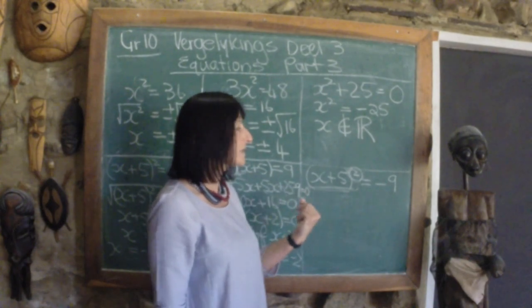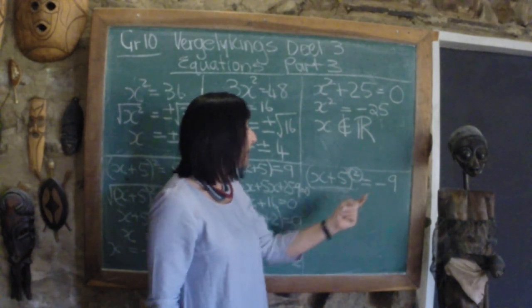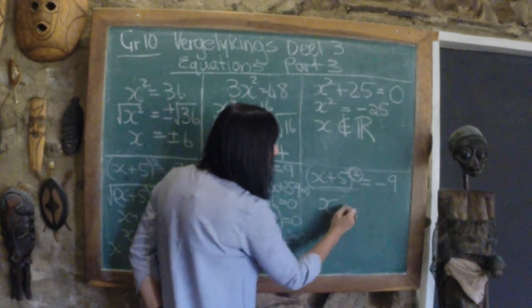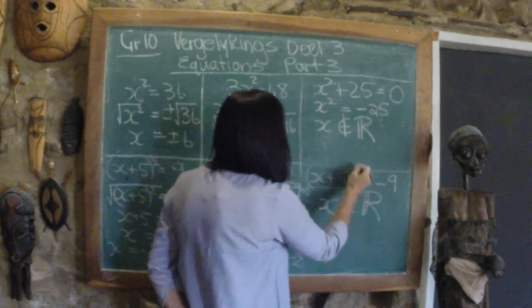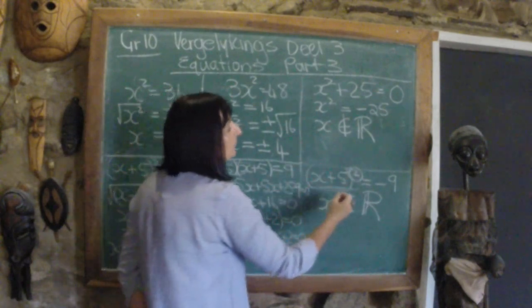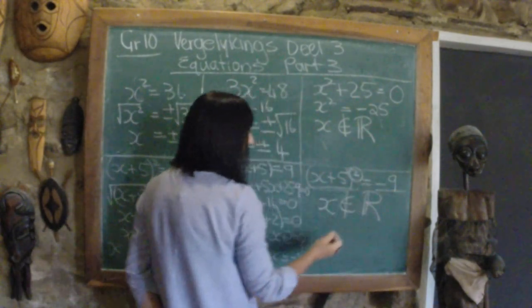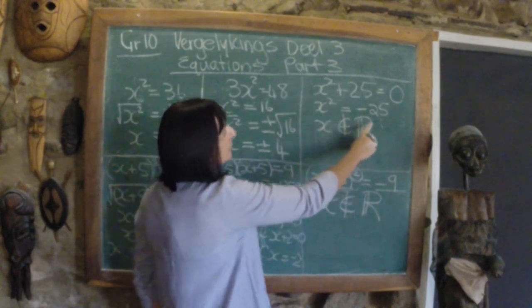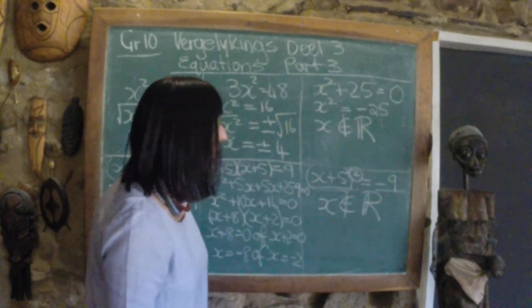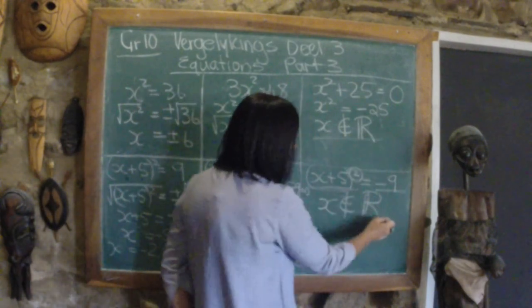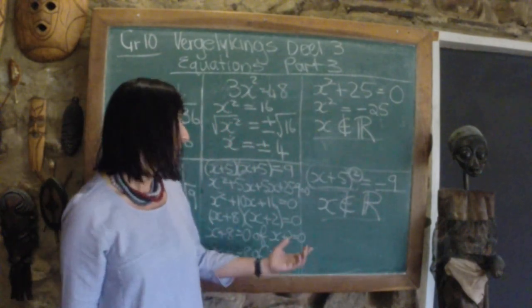En 'n minus maal 'n minus gee altyd vir jou plus. So hier het x ook nie 'n waarde nie, want 'n kwadrering kan nooit vir jou 'n negatiewe antwoord gee nie. So, if you ever get something like this or like that, the answer can never ever be negative, and then you simply write your answer as no solution.